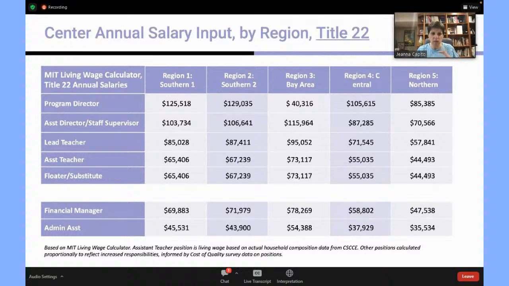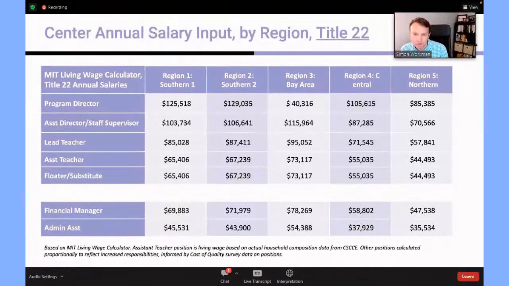So just to be clear, those two positions at the bottom are not related to the structure for living wage and the increases in positions that have increased responsibility that Simon just walked you through. And so the Bay Area number, it's just missing the 100.